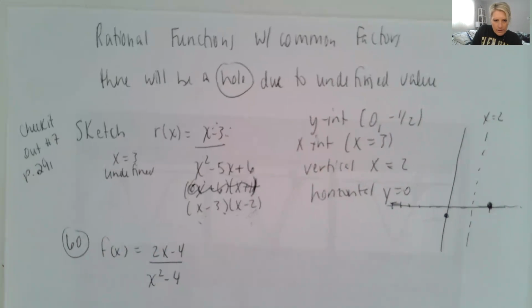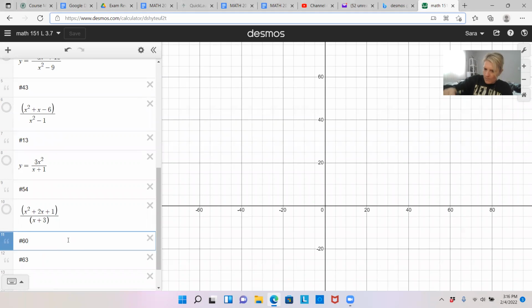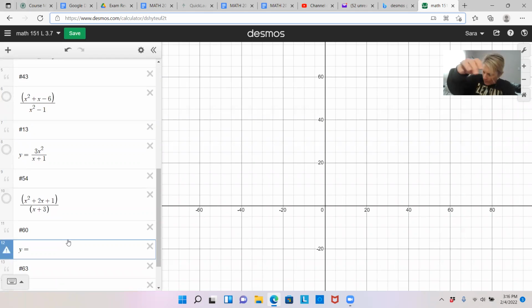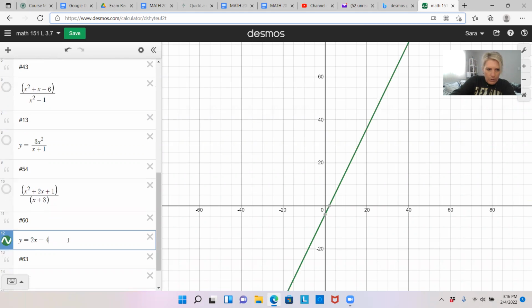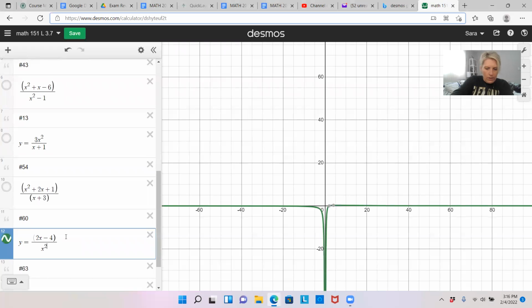Okay, so let's go see this in Desmos here. y equals 2x minus 4, all over x squared.